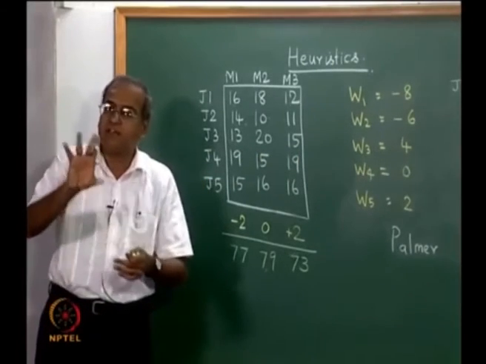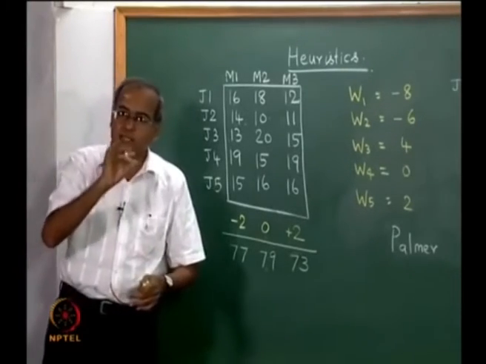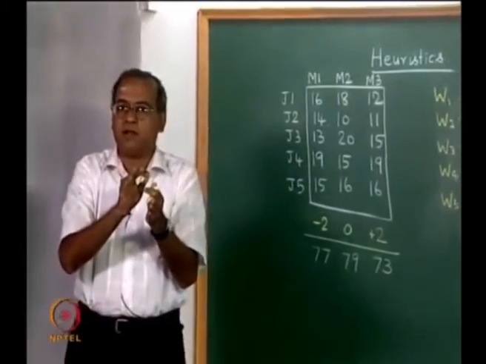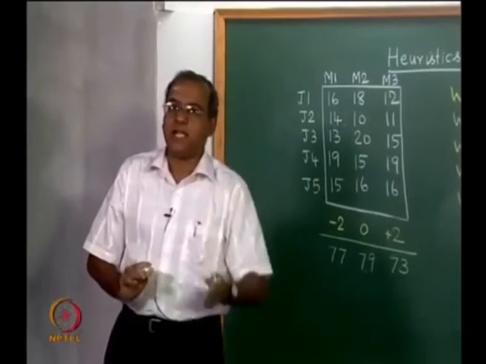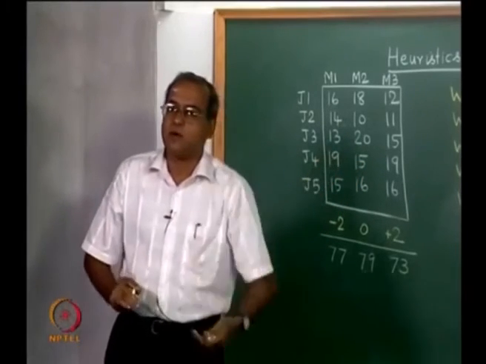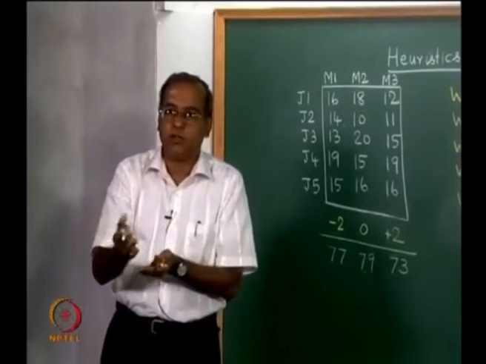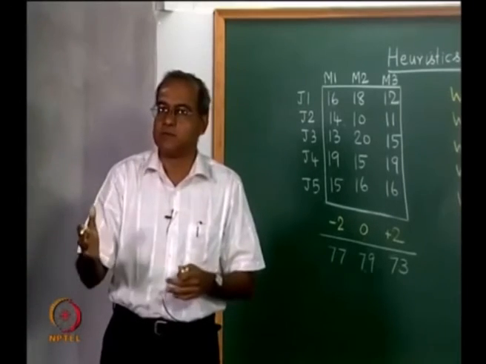Now, this is very close to the Johnson idea. If we go back and see the rule, the job that has the smallest number on M1 will appear from the left, which means it will appear early in the sequence, while jobs that have smaller values on M2 will appear from the right, which means they will appear later in the sequence.